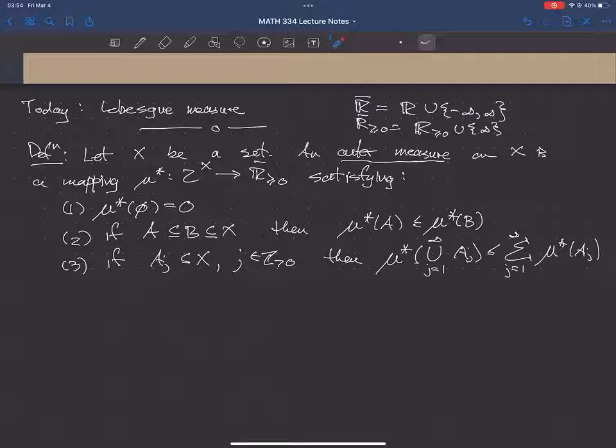Countable because I'm working with countable collections of sets, and subadditivity because of that. And again, this seems like a perfectly natural thing to require. And so then the question becomes, when you build a world using outer measure, does that world have nice properties?